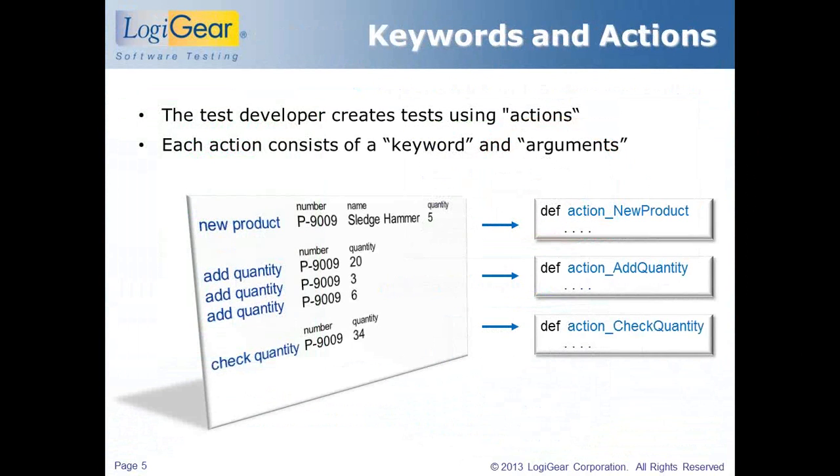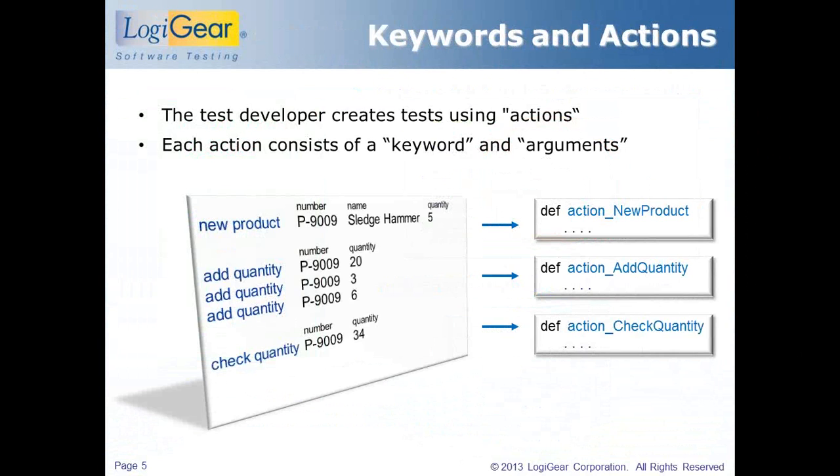And so what that looks like is the following. The test developer creates, or the automation engineer creates tests using actions. Each of these actions have an action line with a keyword and a set of variable names and values and arguments. And then below those actions are the definitions for what that action does.